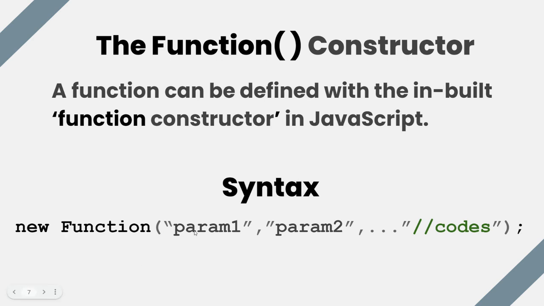Now, within this method, you would have your parameters, which are going to be in string form, and you would also have your code, which would equally be in string form. So everything here will be in string format within the parentheses, and that's how the syntax for the function constructor looks like.